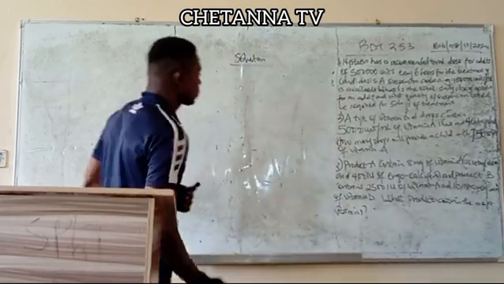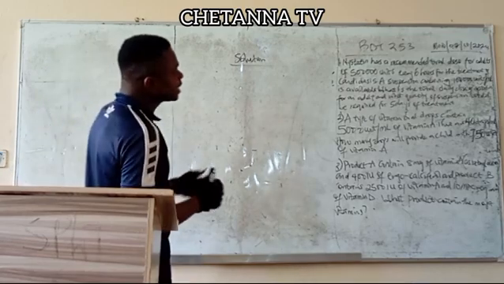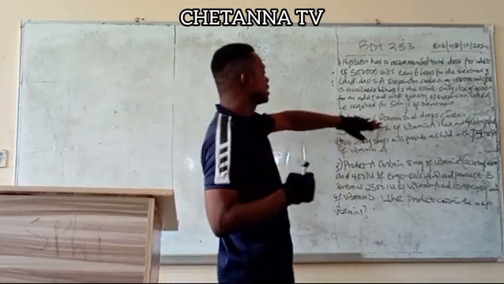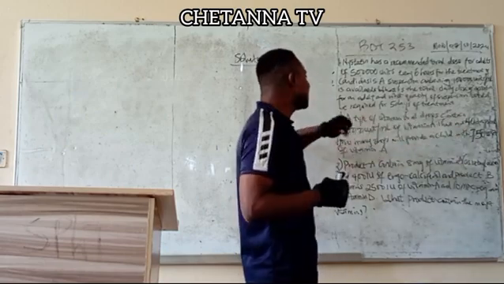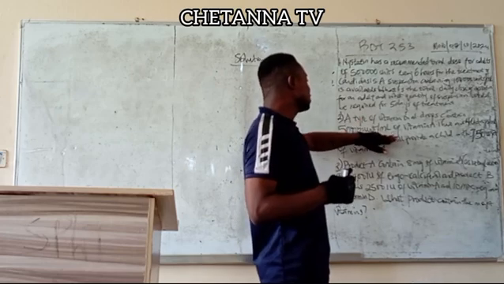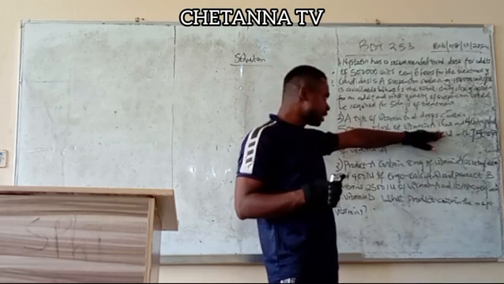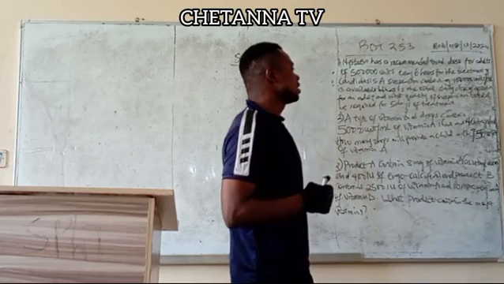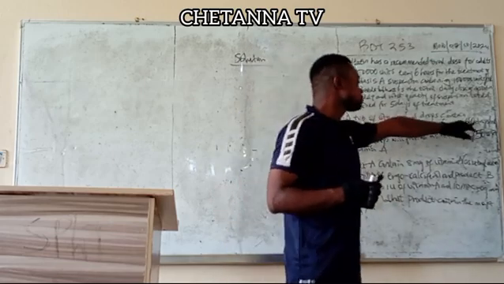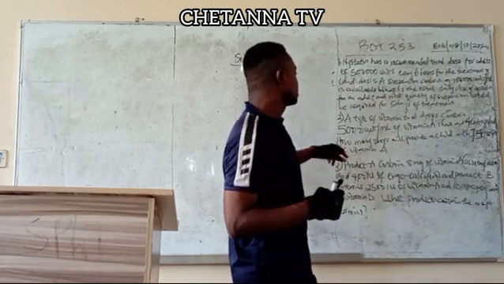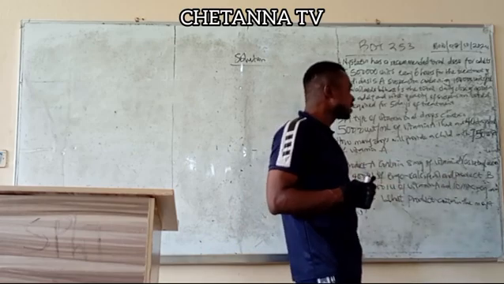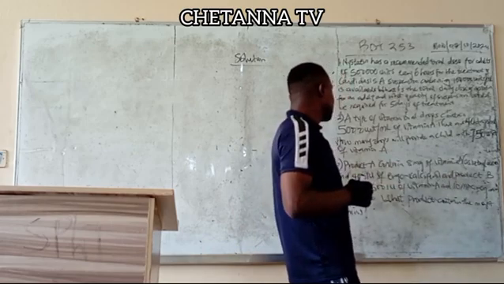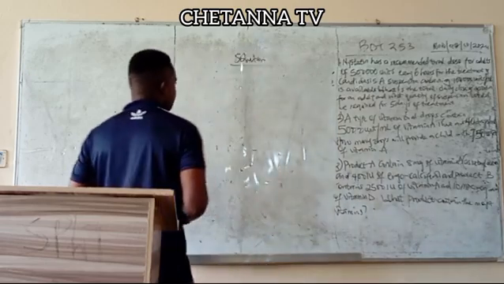Okay. The question says a type of vitamin oral drops contain 5,000 units per ml of vitamin A. There are 40 drops per ml. How many drops will provide a child with 750 units of vitamin A?